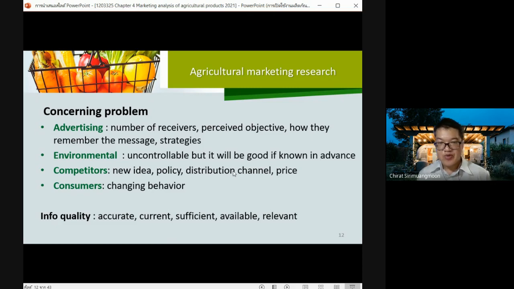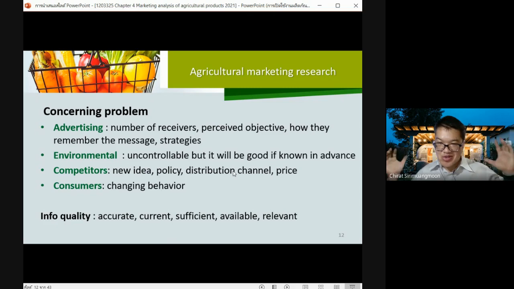Before we move to the next page, I think it is good that you realize the importance of information quality. I would say not all information is good, not all information is correct or will be used. So in order to have correct information, you need to think about accuracy, like how accurate it is.